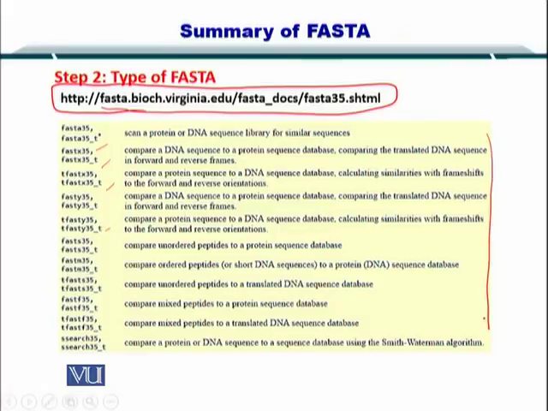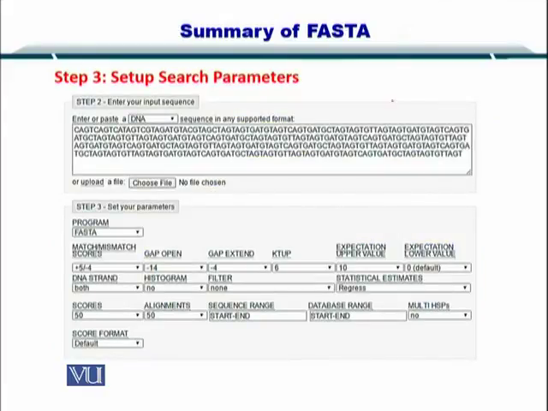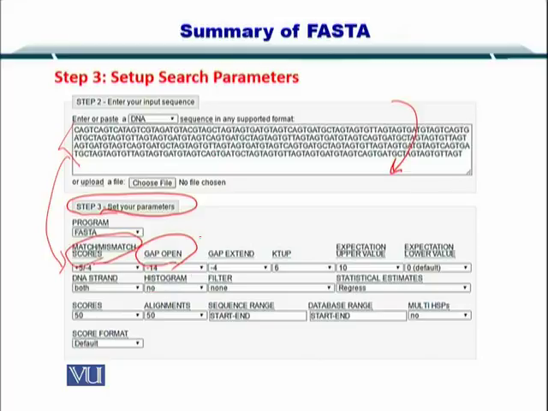Once you decide which type of algorithm you want to use, you can input the sequence that you copied from NCBI here. In this example, it's a DNA sequence. Next you can set up your search parameters. Here are the match and mismatch scores, and, if you remember, the gap penalties, the opening of a gap and the extension of a gap.